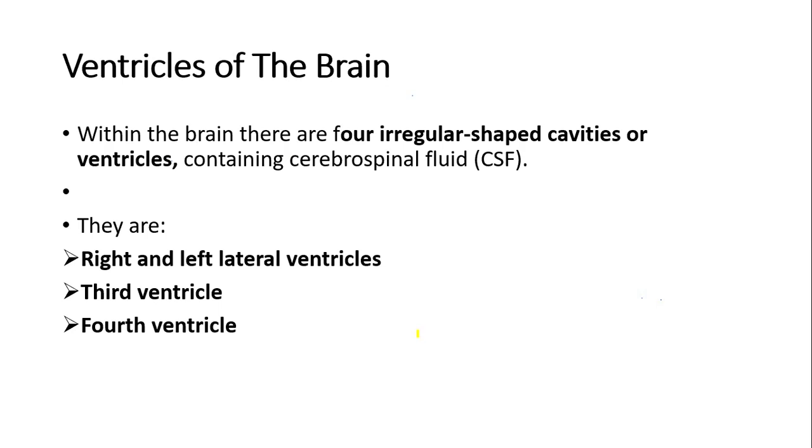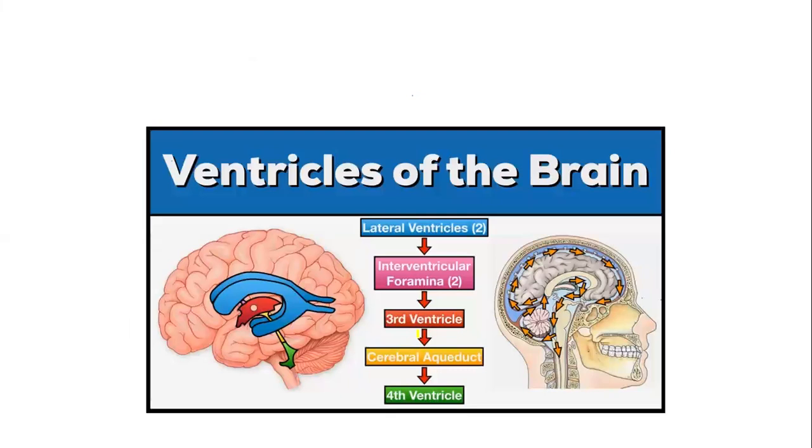Within the brain, there are four irregular shaped cavities, or ventricles, containing cerebrospinal fluid. They are the right and the left lateral ventricles, the third ventricle, and the fourth ventricle, as you can see here. Here is the direction of the cerebrospinal fluid.